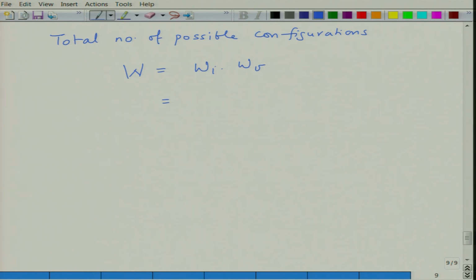So, delta Sc is nothing but k ln W, and you replace this W in this form.